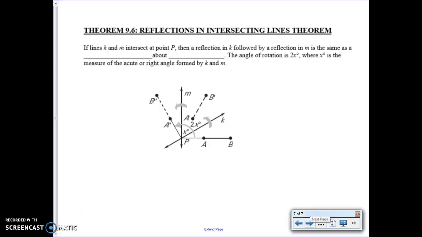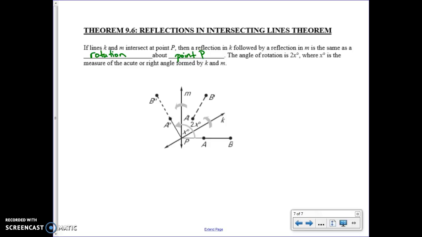The same kind of thing, reflections in intersecting lines theorem says if lines K and M intersect at point P, then a reflection in K followed by a reflection in M is the same as a rotation about point P. And point P typically is going to be the origin if we are reflecting in an axis.